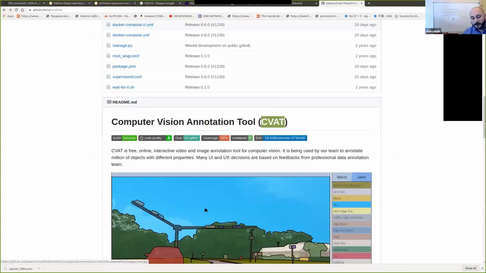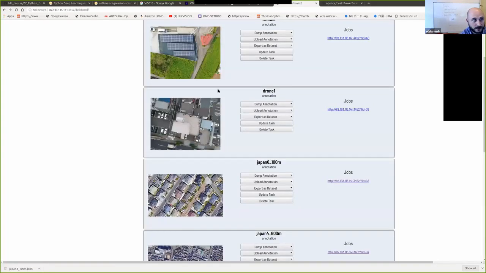One important thing about CVAT: you can deploy it on some server in the cloud or in your local network, and many people can work in parallel with it. They don't need to install anything, they just run this in a web browser. That's important.